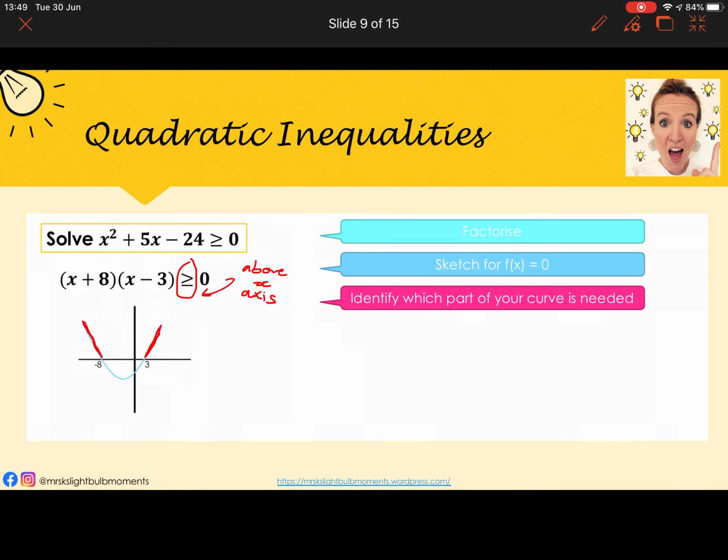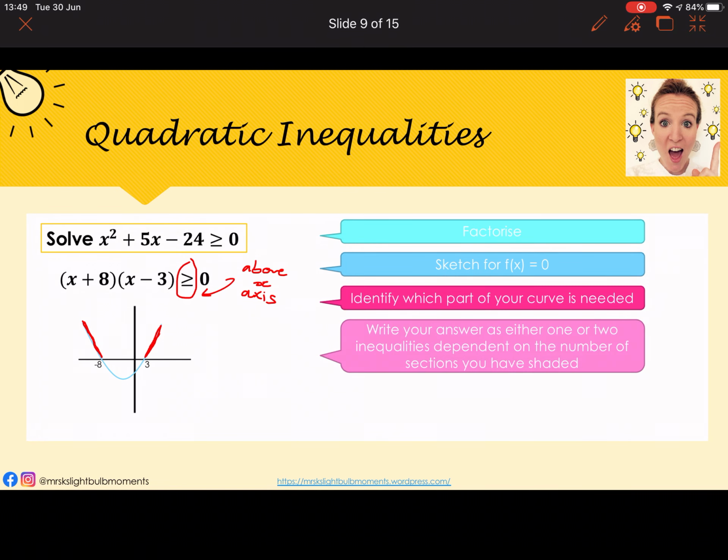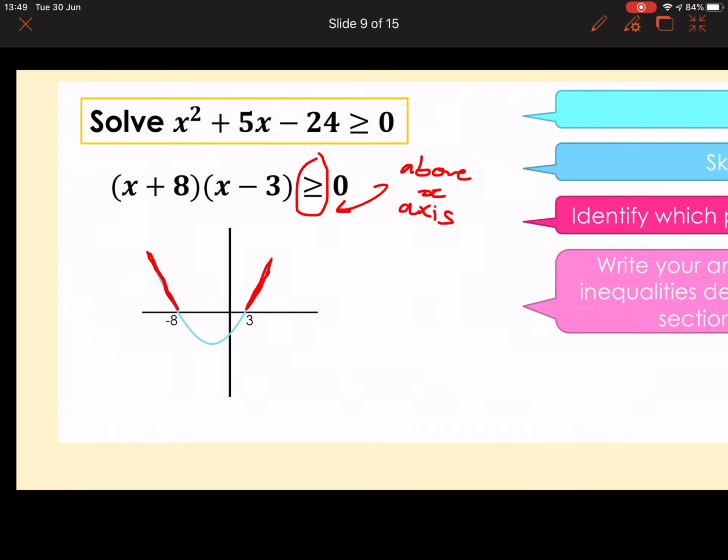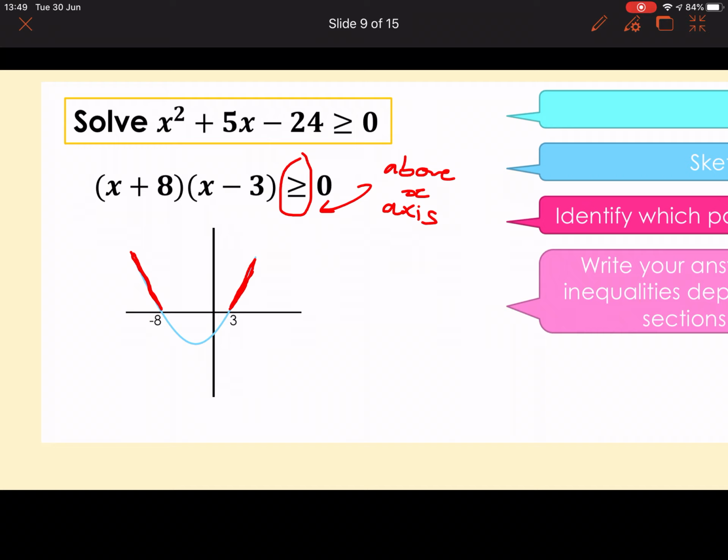Now, we've got to try and write those as inequalities. Can you see we've got 2 parts shaded there? So in red, I've got the left-hand bit and the right-hand bit shaded. Let's focus on the left bit. My curve goes above 0 when my x values are less than -8. So my inequality looks like this. Now it's less than or equal to because of the question.